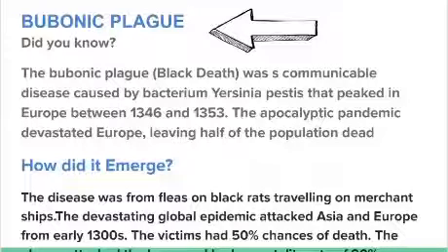You're probably wondering, how did it emerge? The Black Death emerged from diseases from the fleas on black rats traveling on merchant ships. The devastating global epidemic attacked Asia and Europe from the early 1300s. The victims had a 50% chance of death. The plague attacked the lungs and had a mortality rate of 90%. This definitely had to be the worst plague in history. It even makes COVID-19 look less intense than it is.